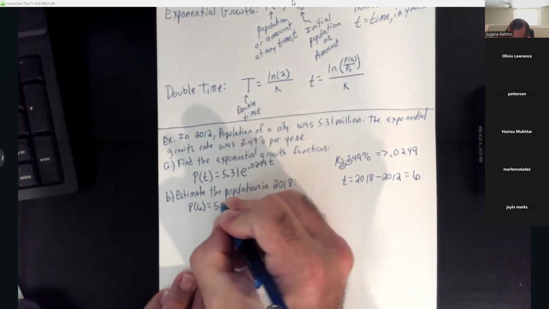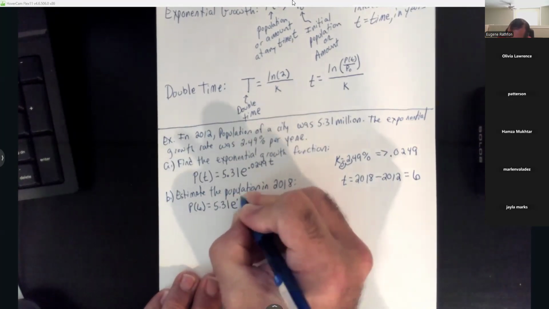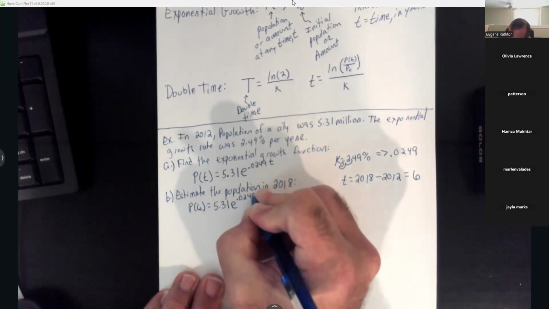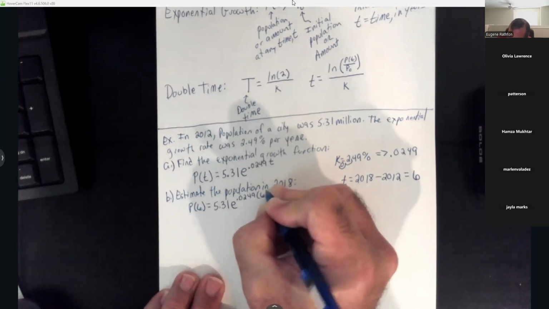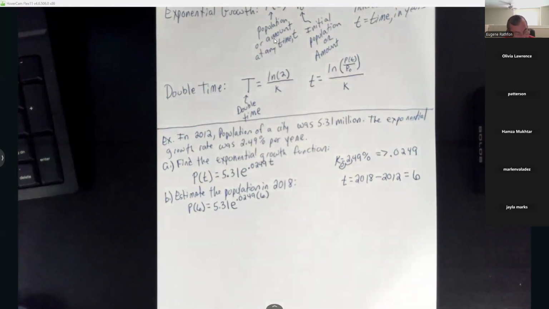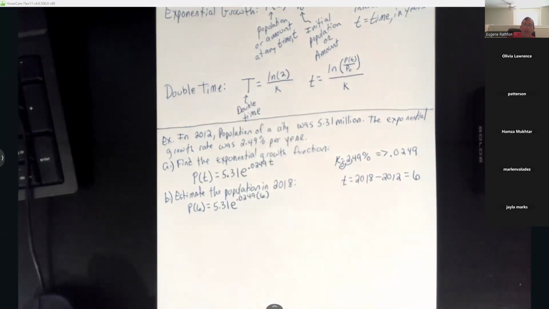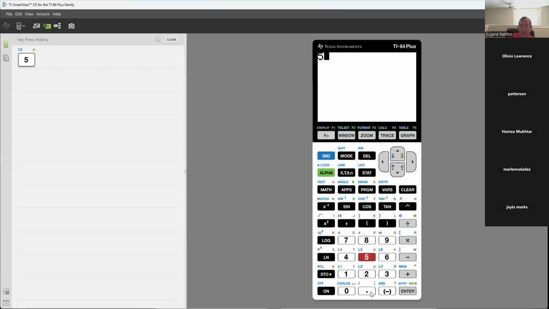So we got 5.31 times e to the 0.0249 times 6. Now on these ones, they want me to round to 1 decimal place. Hey, y'all, so I'll just go throw that on my calculator. I had 5.31.